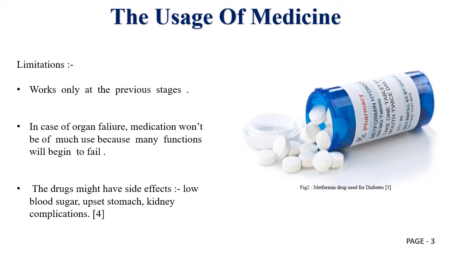And even if we do use insulin for those who are suffering from type 2 diabetes, it will work only at the earlier stages. In the case of an organ failure, medication won't be of much use because many functions will start failing simultaneously. And to top it all, the drugs also have side effects like low blood sugar, upset stomach, kidney complications, and many more. So, what should we do in the case of organ failure?